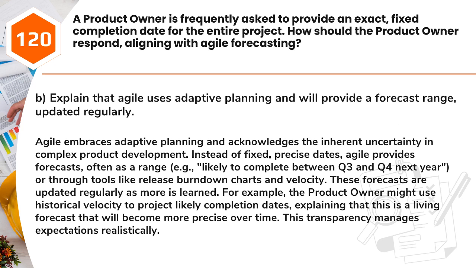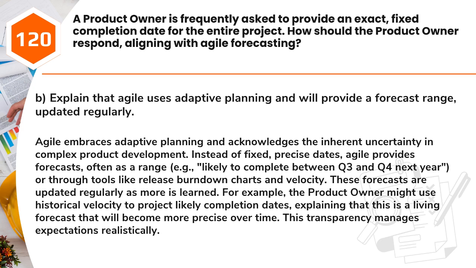Answer: B. Explain that Agile uses adaptive planning and will provide a forecast range, updated regularly. Agile embraces adaptive planning and acknowledges the inherent uncertainty in complex product development. Instead of fixed, precise dates, Agile provides forecasts, often as a range, e.g., likely to complete between Q3 and Q4 next year, or through tools like release burndown charts and velocity.